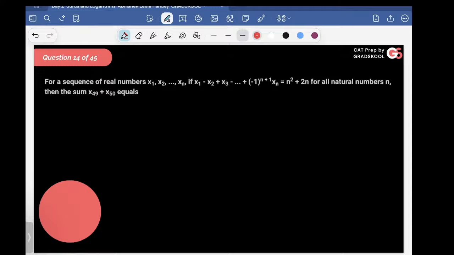Okay. We need to find x49 plus x50. All right. So, what I will try to do over here.